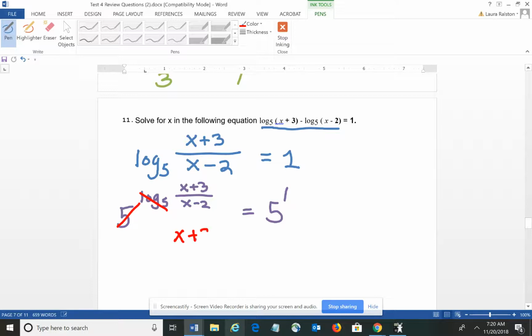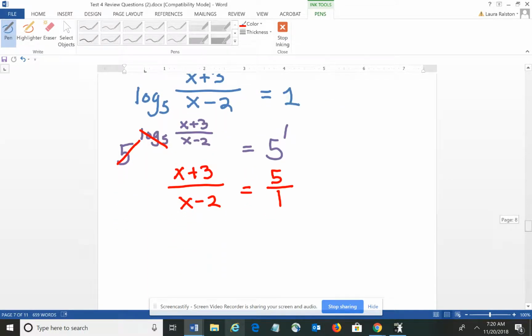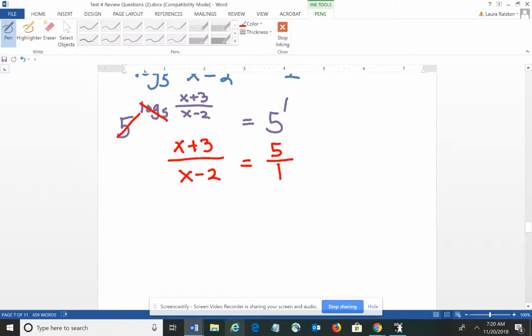So we have x plus 3 over x minus 2 equals 5. And technically, that's 5 over 1, so that you have a fraction equal to a fraction, which we solve by cross multiplying. Okay, so if I cross multiply here, I have 1 times x plus 3 equals 5 times x minus 2.